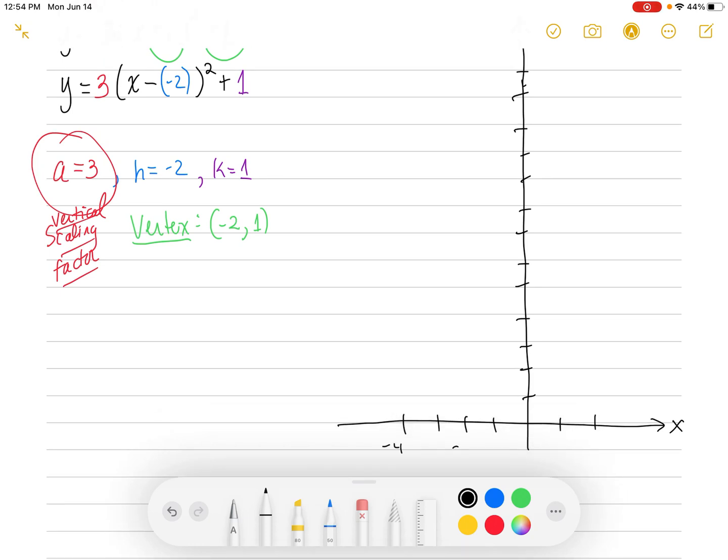Okay, good. 1, 2, 1, 2, 3, 4. All right, so I'd start off with the vertex at negative 2, 1. I'll plot that here.